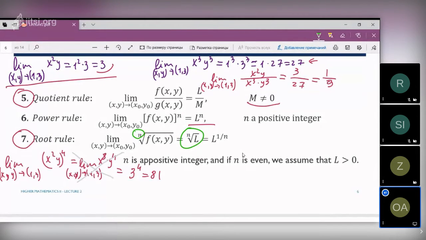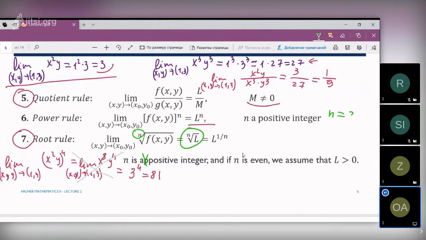But pay attention, be careful. N is a positive integer, and if n is given, we assume that L is positive because we cannot find the square root of negative numbers.